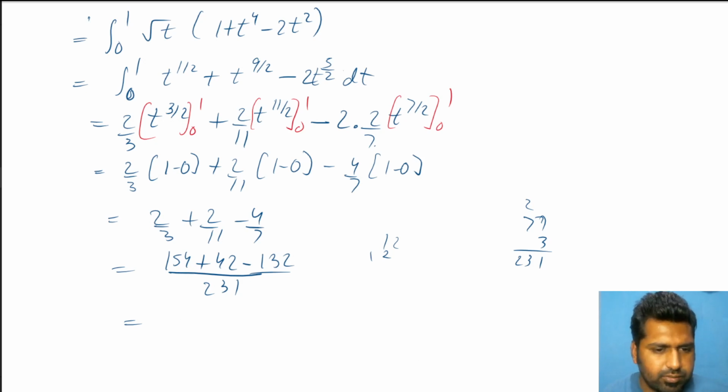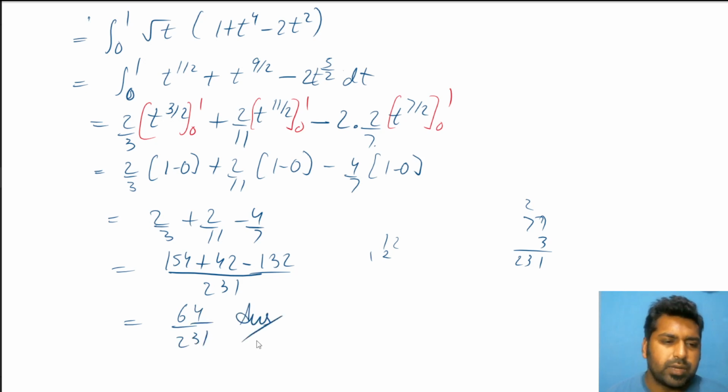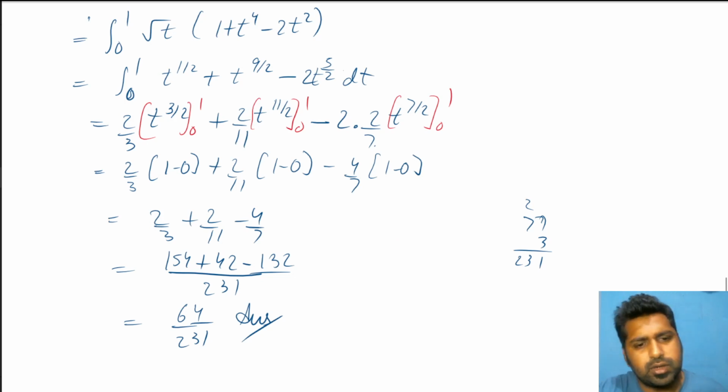So 64 by 231, it's coming. Anyway, calculation part, I'm sure you are better, so you can do that easily. The only struggle is mostly with changing the limit and getting the integration correct. That's the main part.